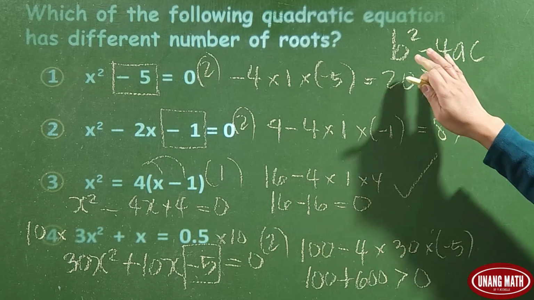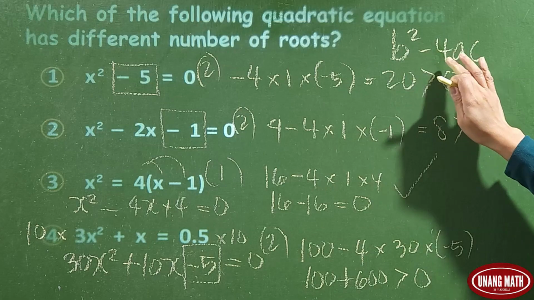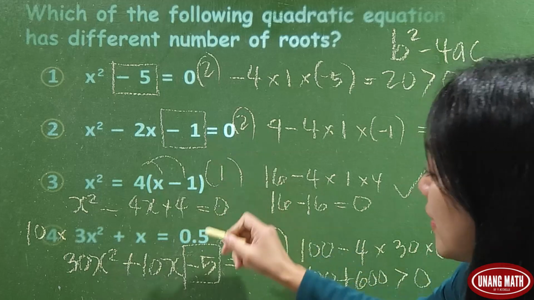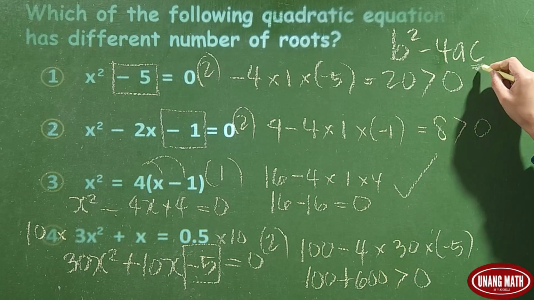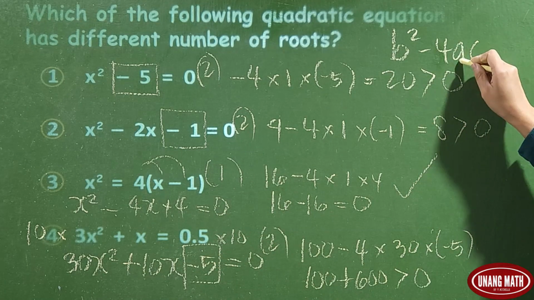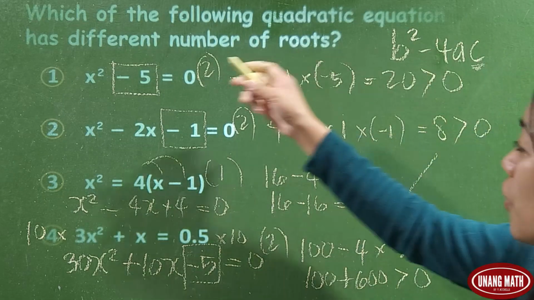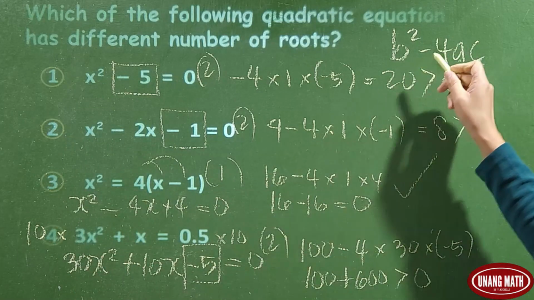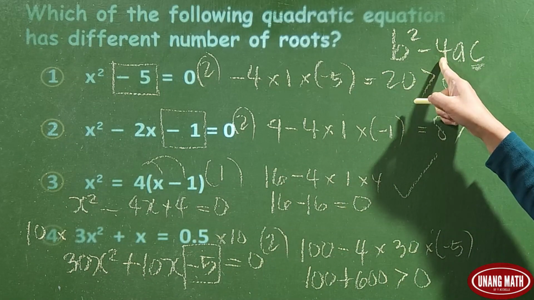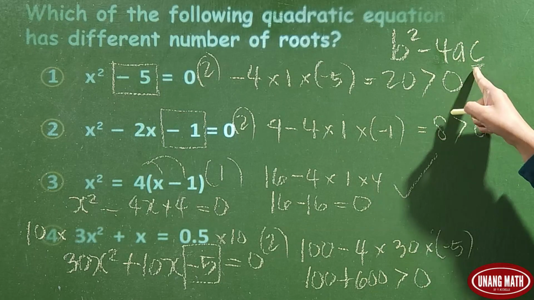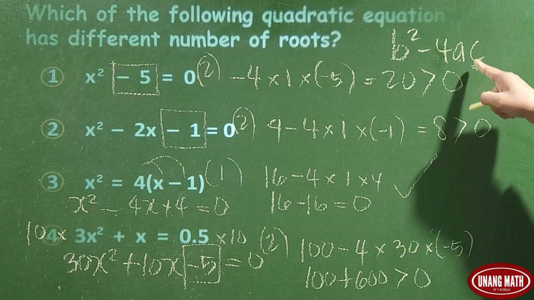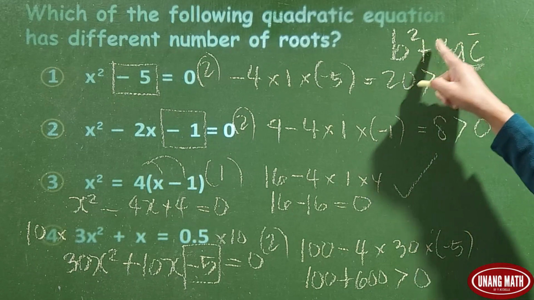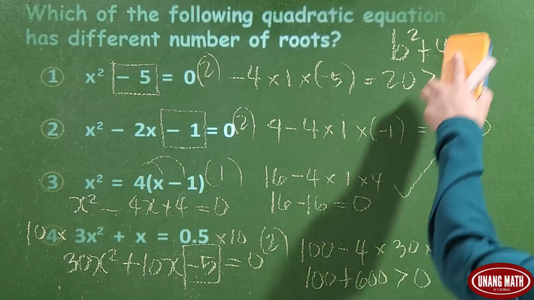Okay, why? Take note, b squared minus 4ac. C here is our constant number, or the constant value. A is the coefficient of x squared, so usually it's positive. So this is negative 4 times positive times this constant number, which is negative. That's why this is negative times negative, so this is positive.